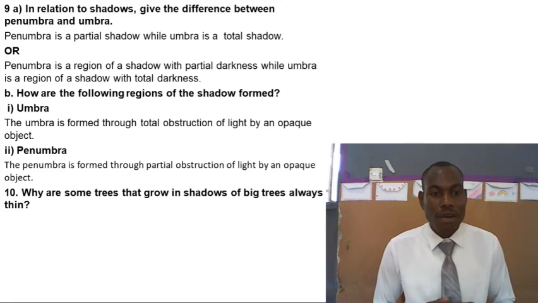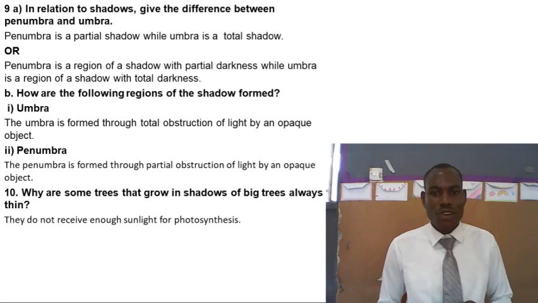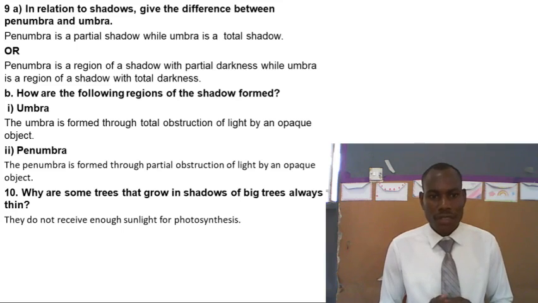Therefore, they will become thin. Therefore, which reason do we give? They do not receive enough sunlight for photosynthesis. Remember what photosynthesis is? Remember the raw materials for photosynthesis are water and carbon dioxide. Then the conditions are sunlight and the chlorophyll.